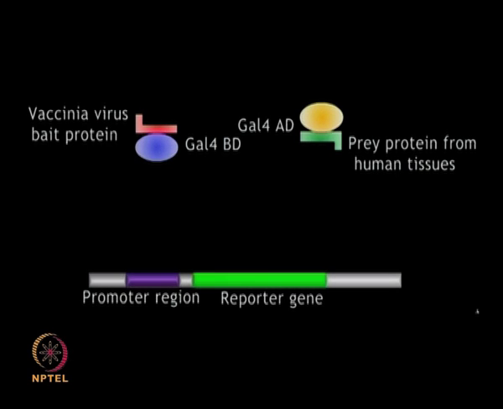The virus bait proteins were fused with the C terminus of the GAL4 binding domain, while the prey human proteins were fused with the GAL4 activation domain of the transcriptional activator. These interactions were further validated by other techniques, which provided a successful validation rate of 63%.